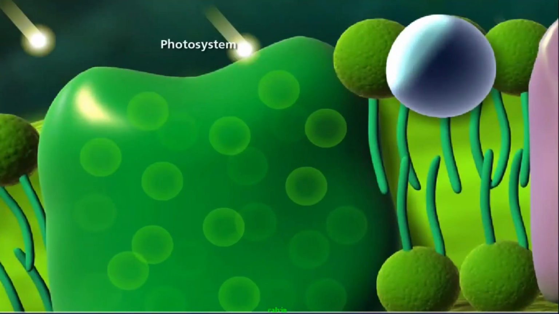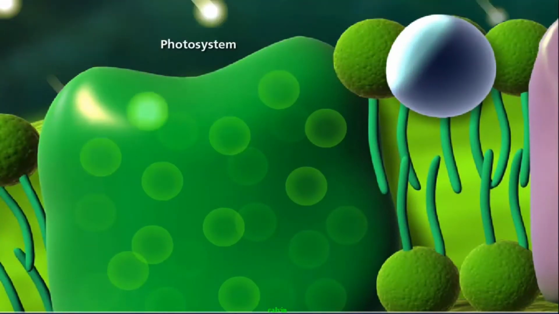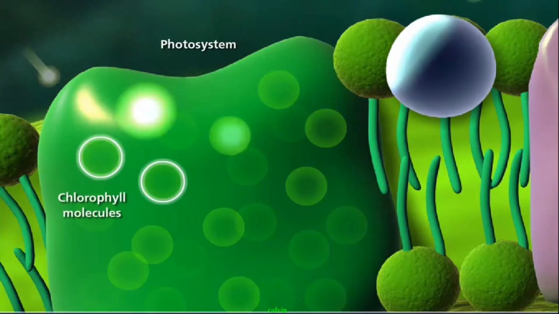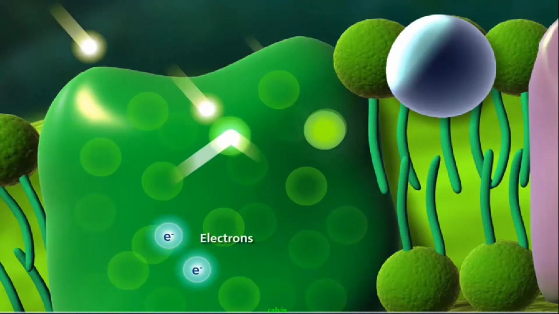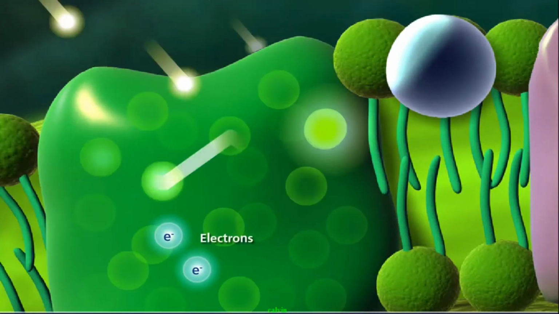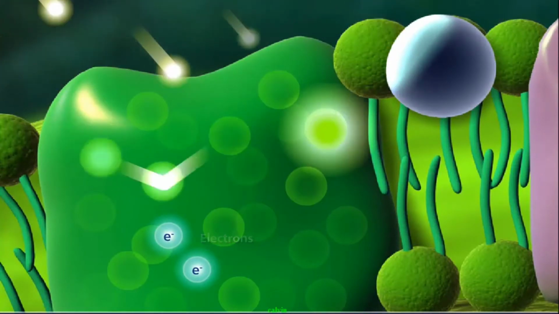There are two photosystems made up of this pigment, photosystem 1 and photosystem 2, having different wavelengths to absorb the light. Here the chlorophyll molecules absorb the photons and transfer the energy to the ETS, where ATP gets generated by the flow of these electrons.